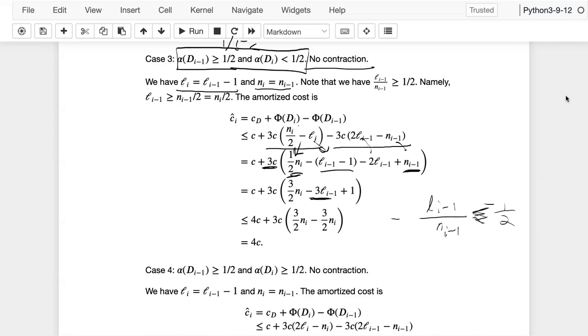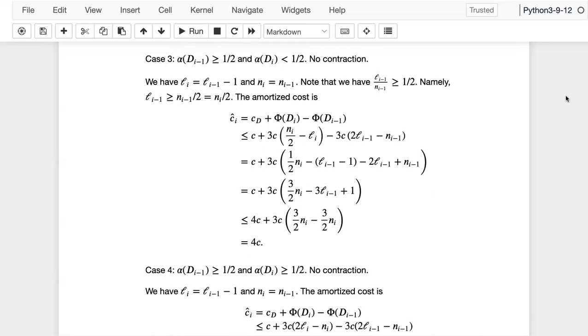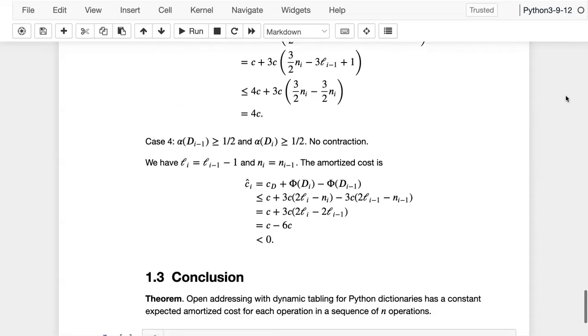So that's what we have here. So this gets canceled. So that's 4C. Which means that the expected amortized cost in this case is bounded above by 4C, which is a constant. So we are down to the last case.